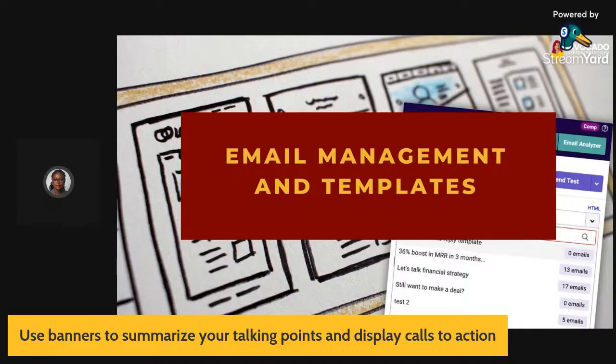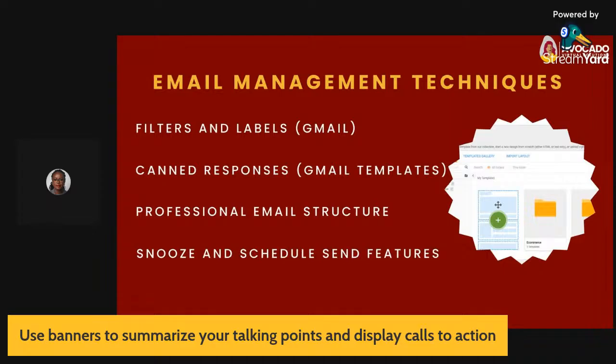So some email management techniques. Number one, we have filters and labels. You see that in Gmail. It helps you automatically sort emails into categories such as clients, invoices, leads, and so on and so forth.